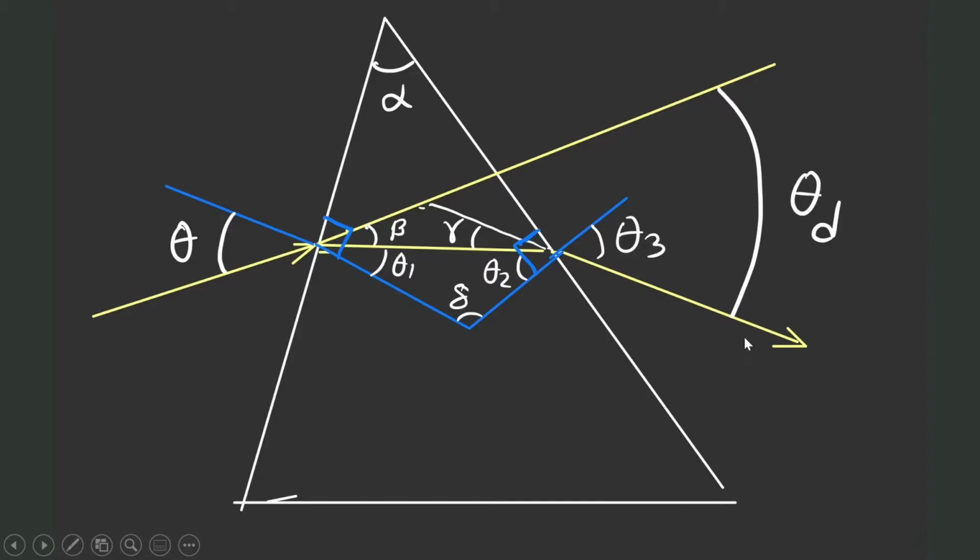This is theta d. Here I have formed two triangles. For the lower triangle, I can write theta 1 plus theta 2 plus delta is 180 degrees.